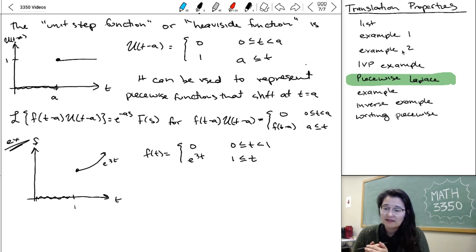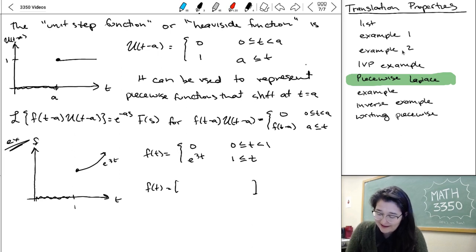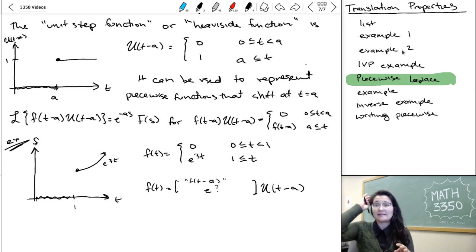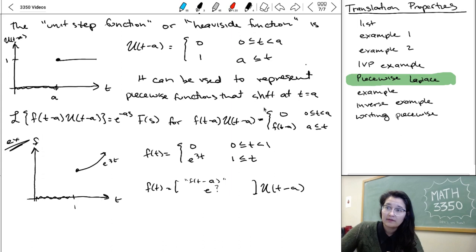And so if I wanted to take Laplace of this function, I would need to represent it as something using that curly u. So I've got definitely some kind of exponential thing, and I want to use u of t minus a. Whatever is inside these square brackets is that f of t minus a that I want to see.